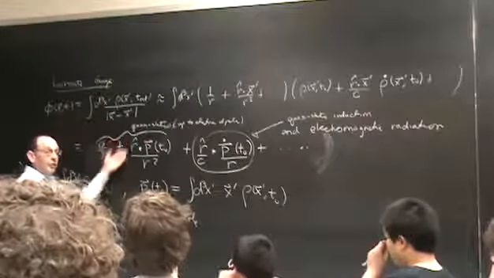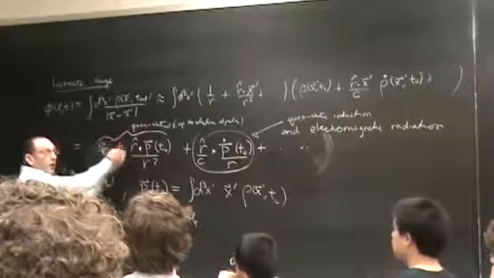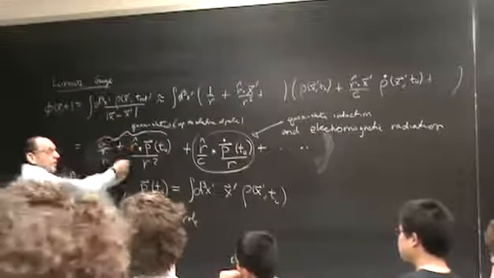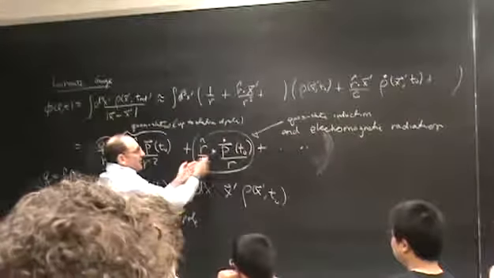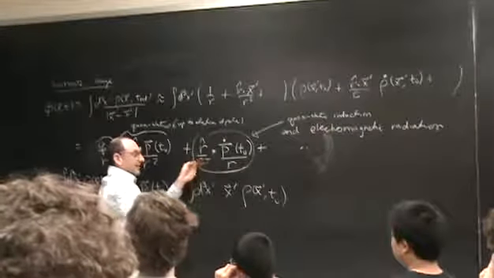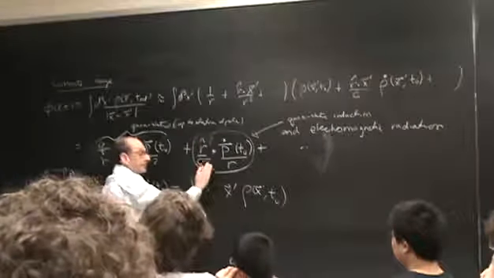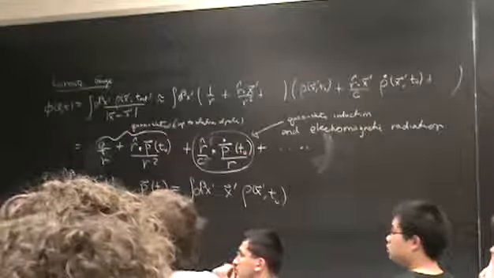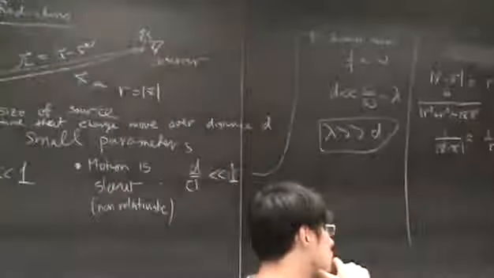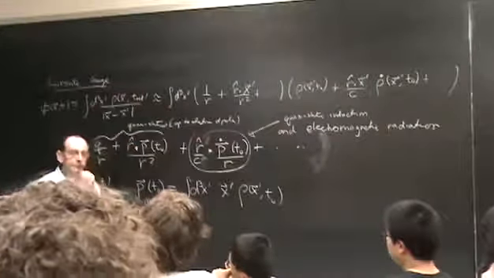This is first order in the small parameter because this depends on the size of the distribution d over R. And this has a d over cT, which is also a small parameter because the time derivative is like that. d over cT is another small parameter. d is the extent of the source. T is the time scale over which this changes. So this is all kept to a consistent order in our small parameters.